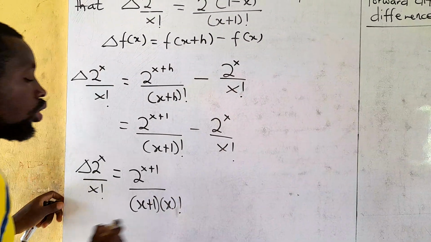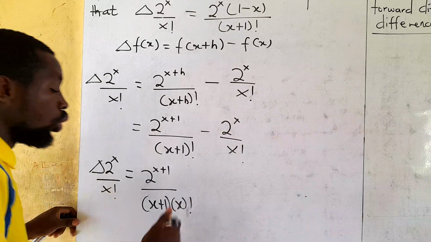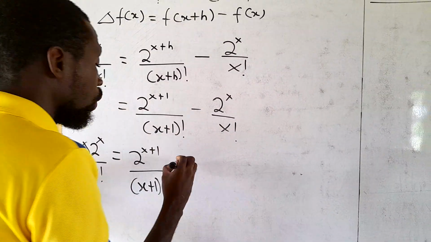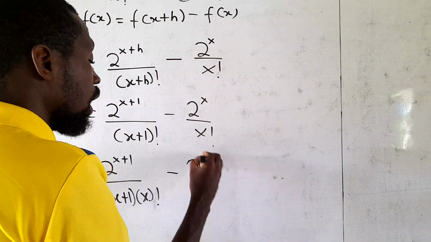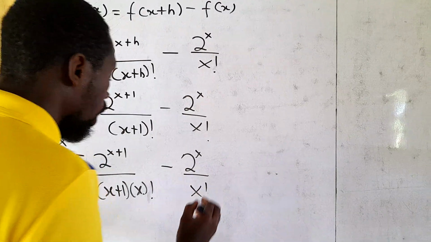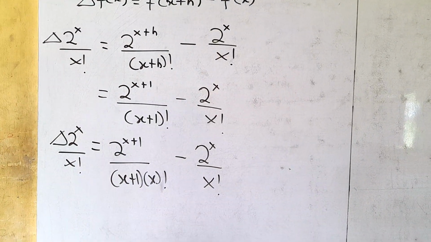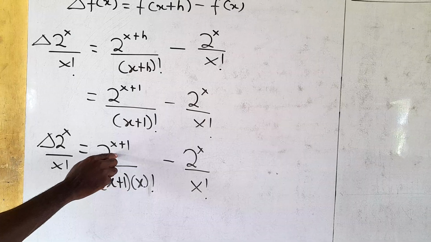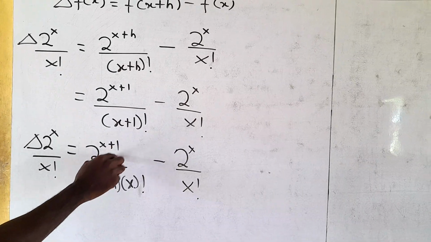So we don't know the limit, so we can't continue like that. So we say minus 2 exponent x over x factorial. Now we can rewrite this as 2 exponent x times 2 exponent 1.